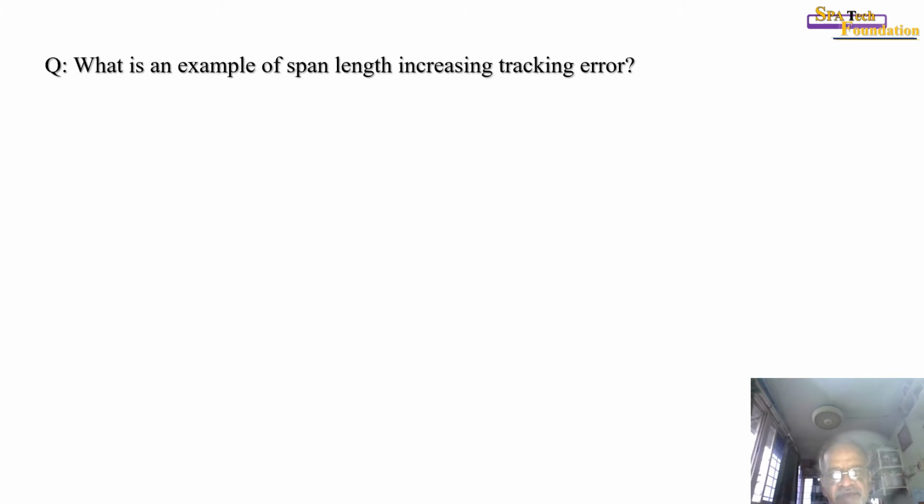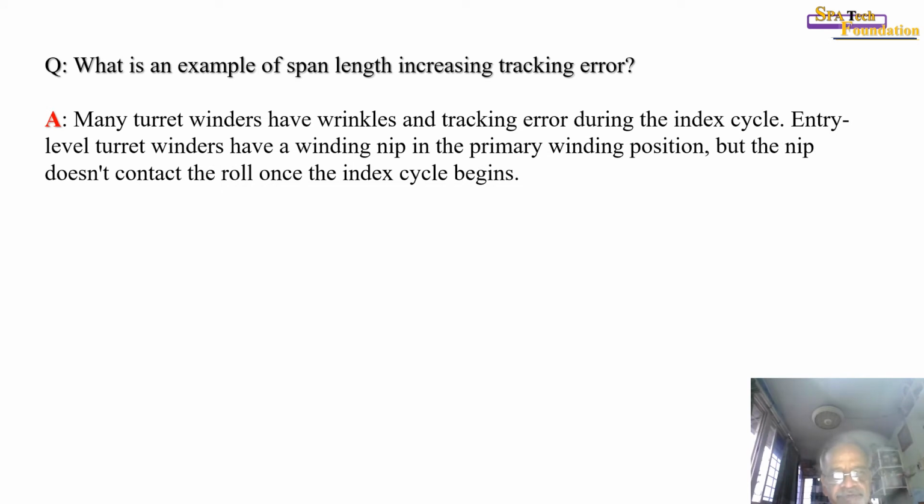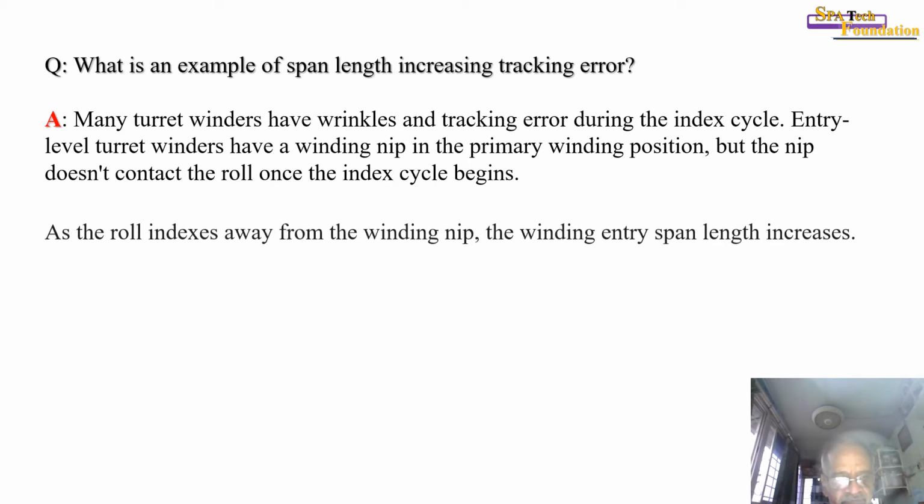What is an example of span length increasing tracking error? Many turret winders have wrinkles and tracking error during the index cycle. Entry-level turret winders have a winding nip in the primary winding position, but the nip does not contact the roll once the index cycle begins.